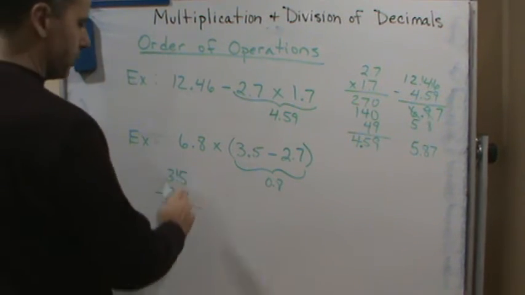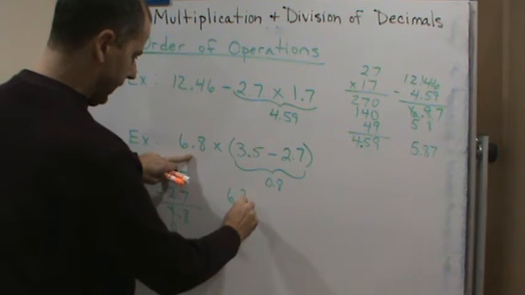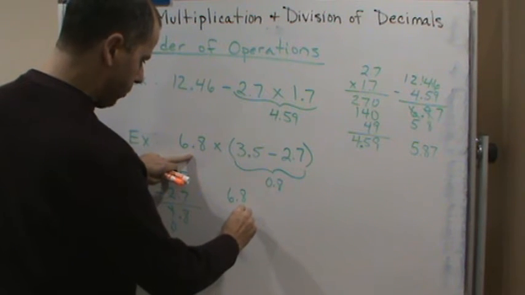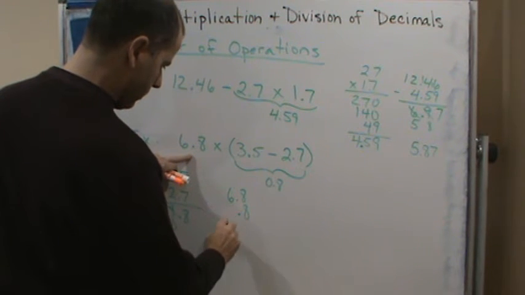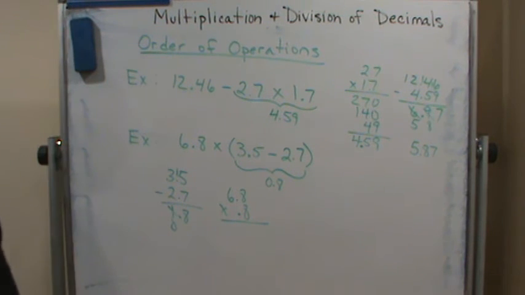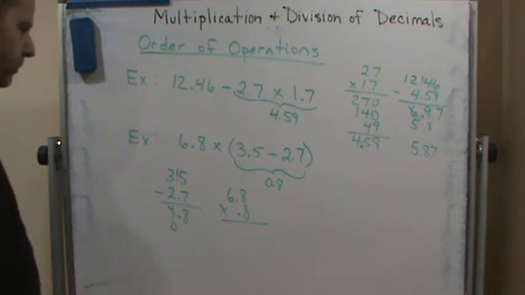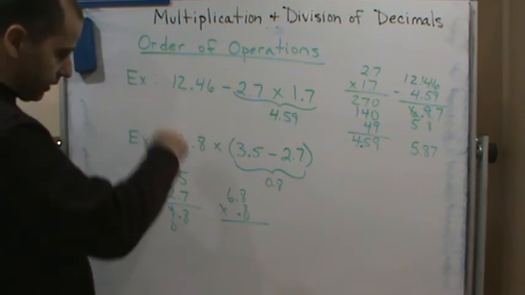Now I'm going to do the multiplication. So this becomes 6.8 times 0.8. And so I'm going to treat it like it's 8 times 68, right? I'm going to ignore the decimal points. And so 8 times 6 is 48.